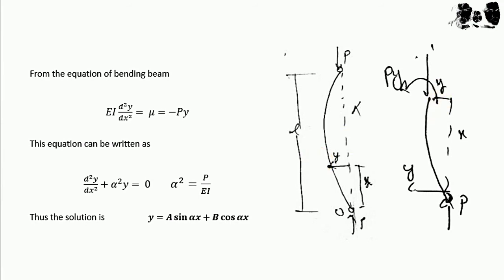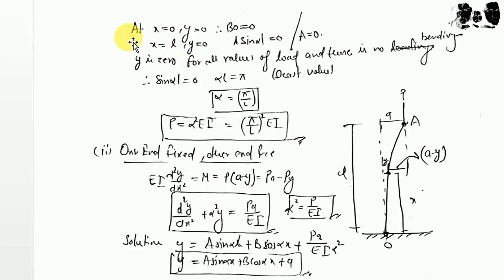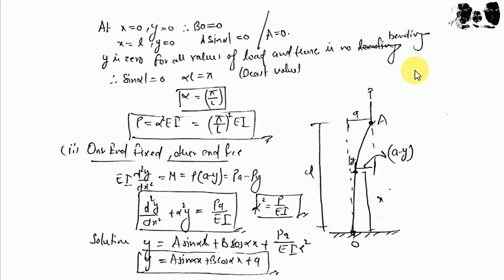Let's just see here. At x is equal to 0, y is equal to 0, and if we put the value in the equation above, we get b is equal to 0.